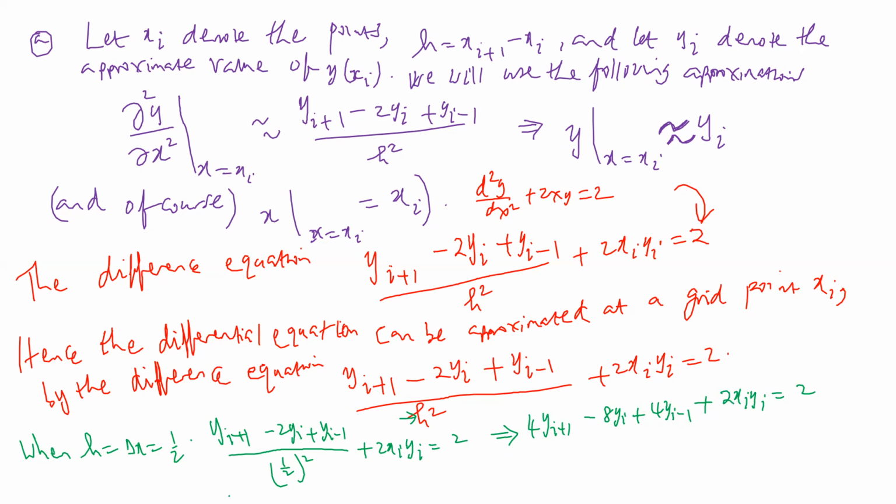Okay, obviously we agree that at this point, this can be divided through by 2, which is 2yi plus 1 minus, you divide by 2, which is 4 here, yi, divide by 2, xi yi equals 1.